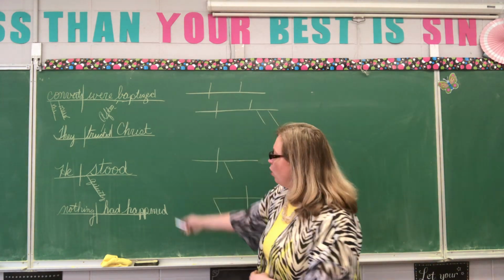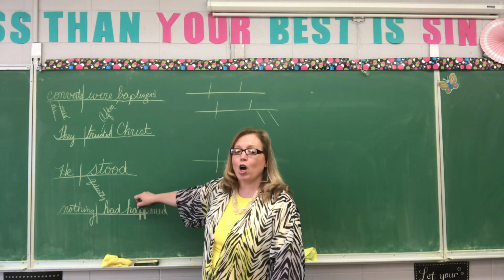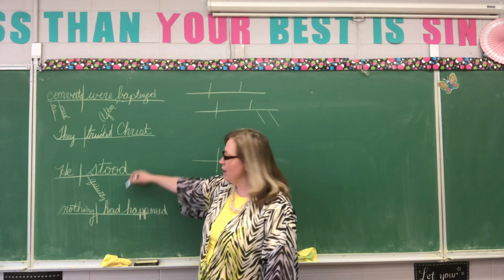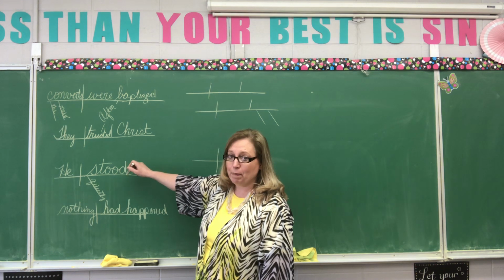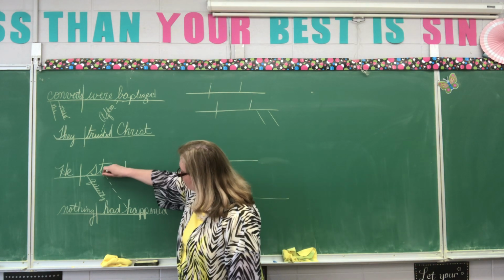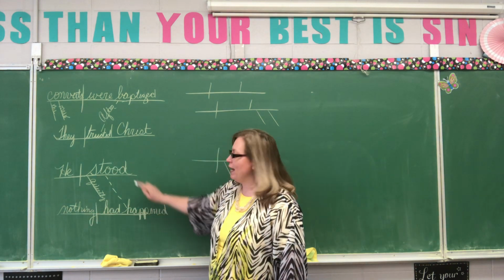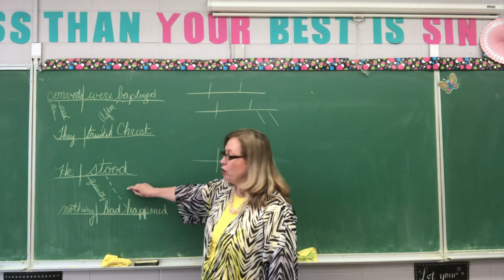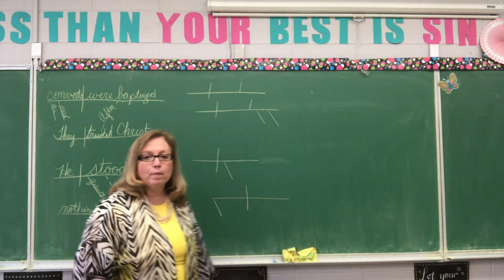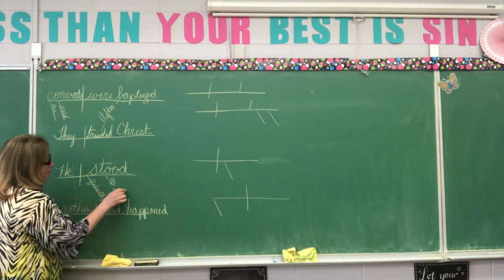Okay, so you go to your dependent clause, to the verb, draw a dotted line to the word in the independent clause that it describes. In this case, it's verb to verb. Okay, as if nothing had happened tells me how he stood. On your dotted line, write your subordinating conjunction, as if.